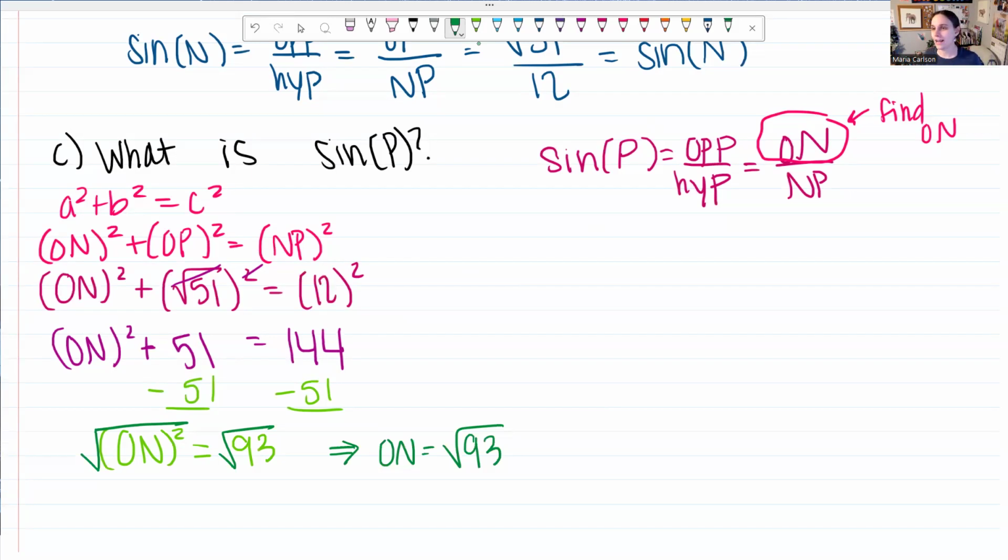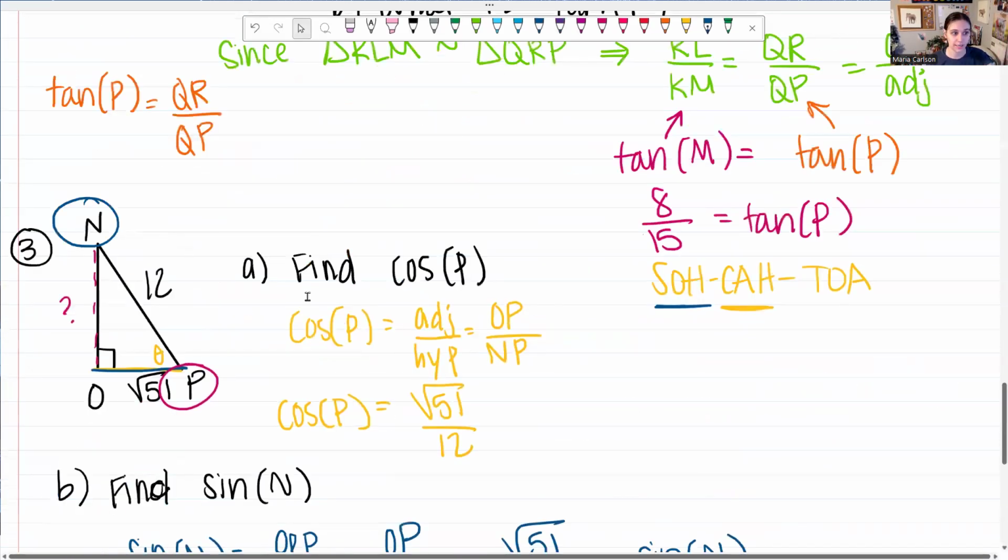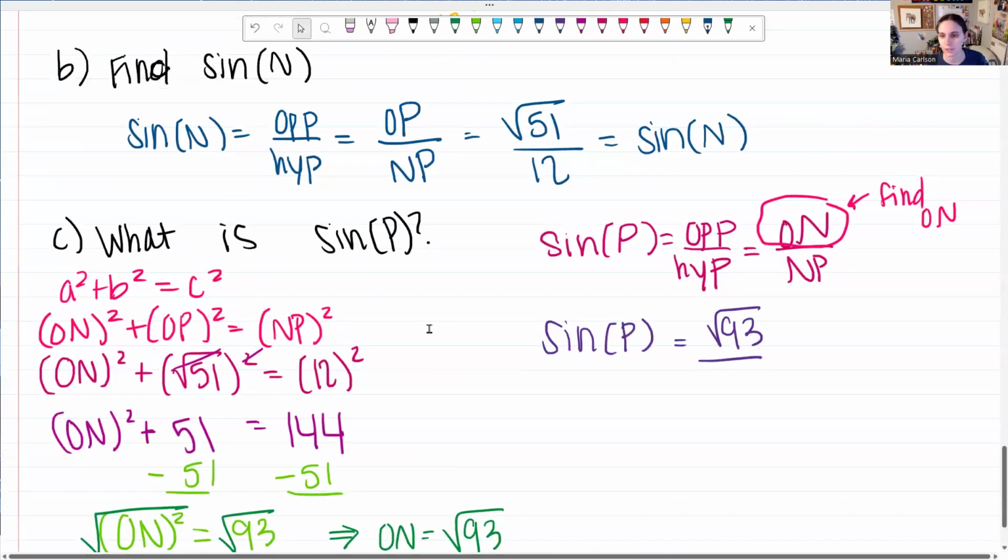No. I actually come to find that this can't simplify any further, which is unfortunate. So I would just say that ON is the square root of 93, which means that sine of P is equal to that opposite side, ON, the square root of 93, over NP, which again is the hypotenuse. Our hypotenuse was 12.